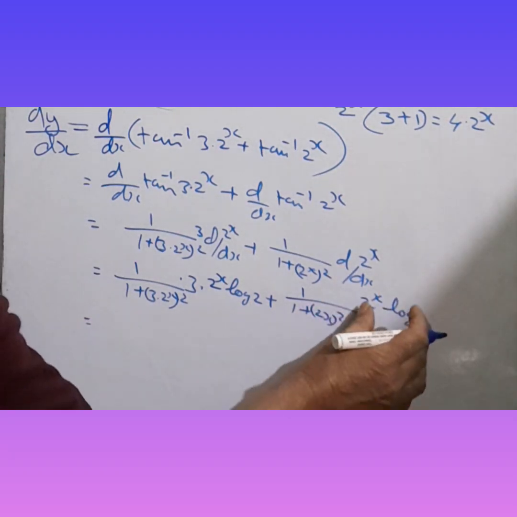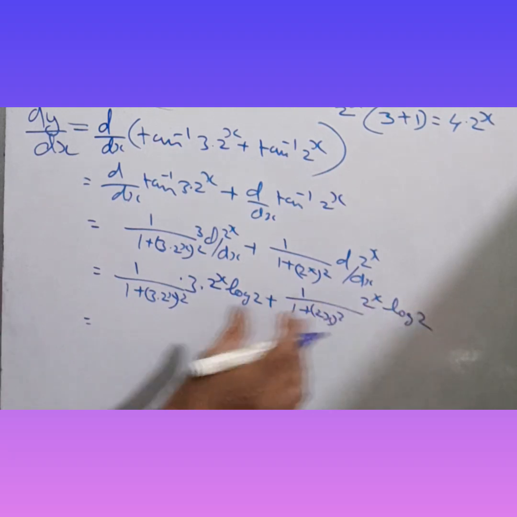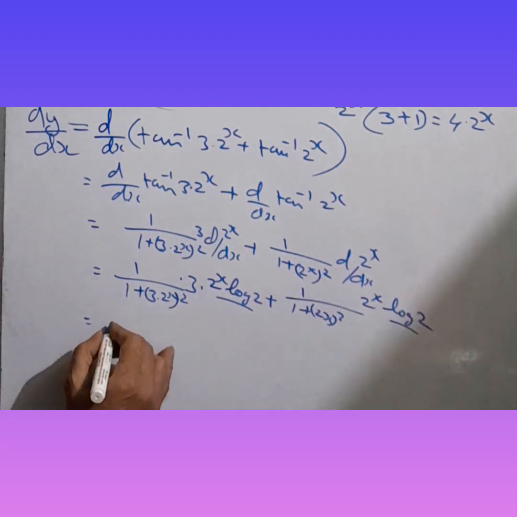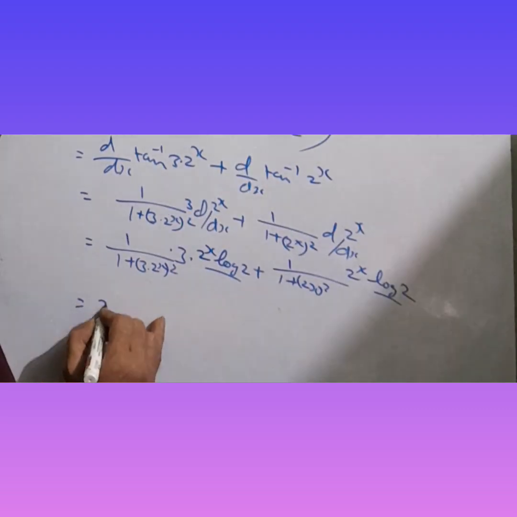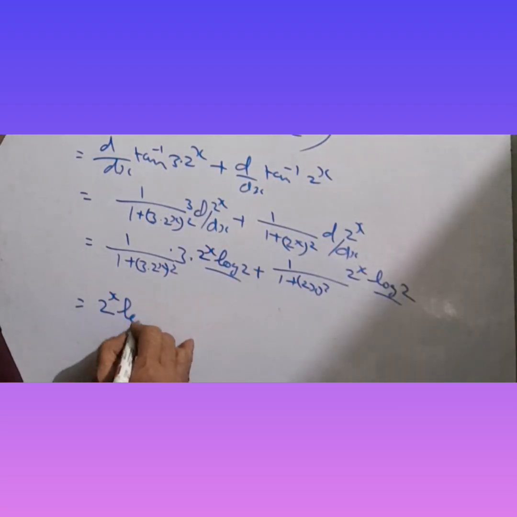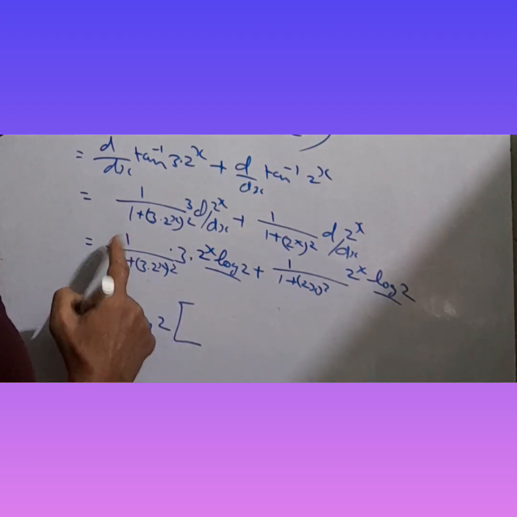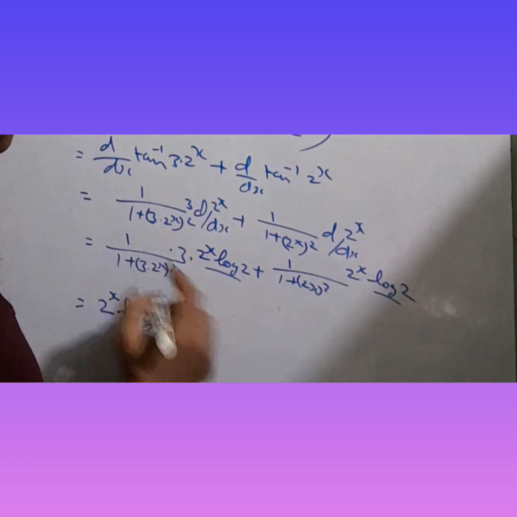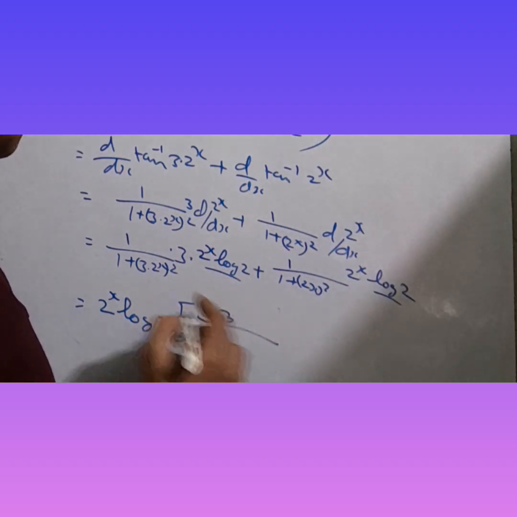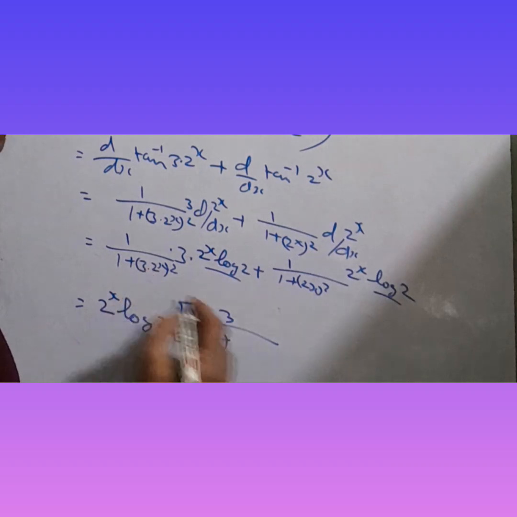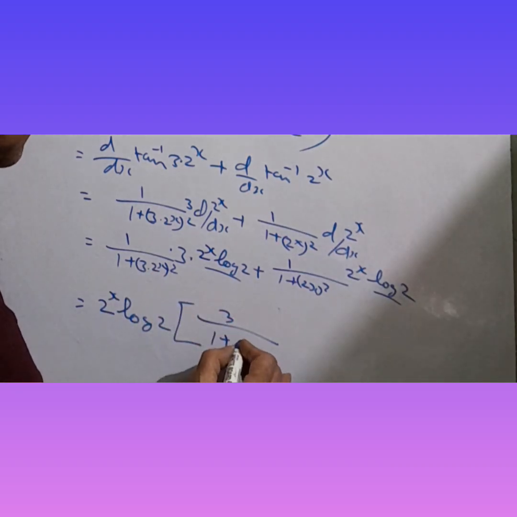Alright, once we get this, what do we do? We take 2 raised to x log 2 common. So 2 raised to x log 2 is taken out as common, and what we have inside is 3 as the numerator, and 1 remains as it is, but the square I am taking inside, so it becomes 3 squared is 9, into 2 raised to 2x.